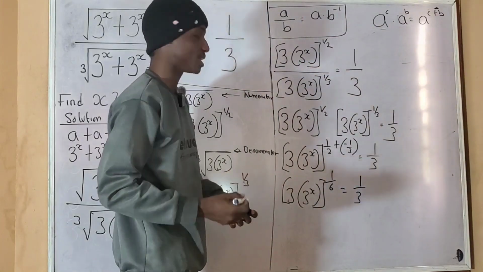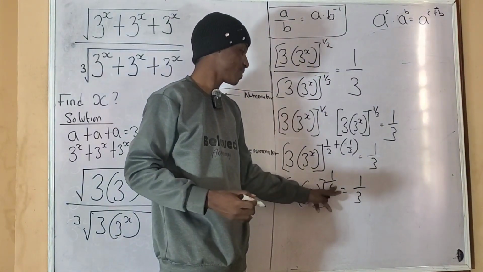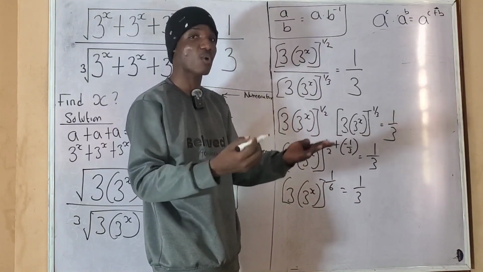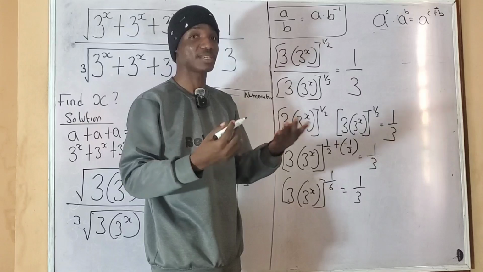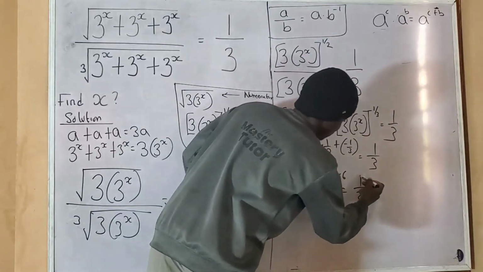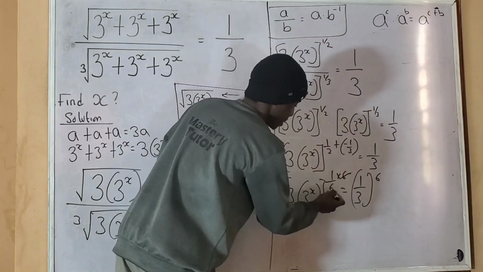Okay, the next step is that I have to find a way to eliminate this 1 over 6. And that comes by what? Multiplying the power of both sides of the equation by 6. So I'm going to multiply this by 6 and also this by 6. So this 6, we eliminate this 6.